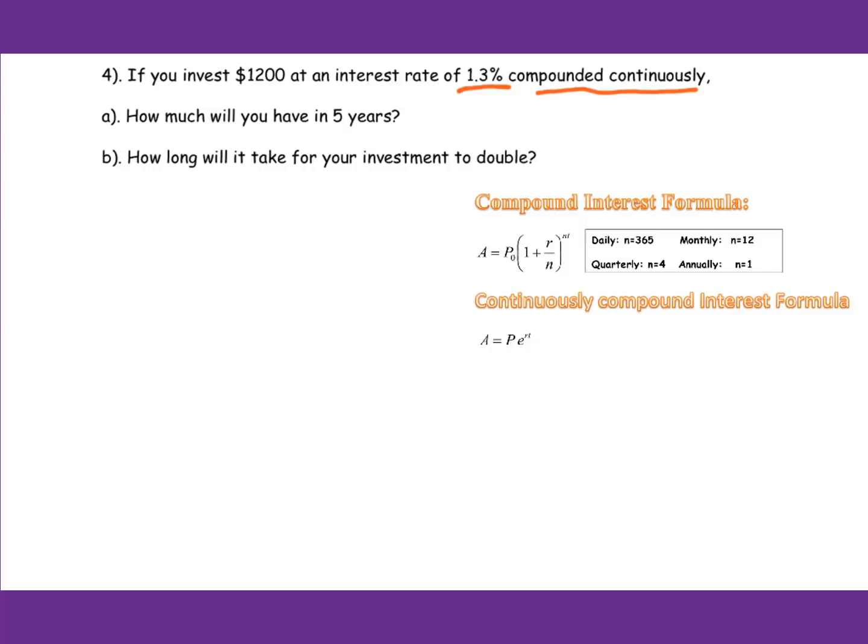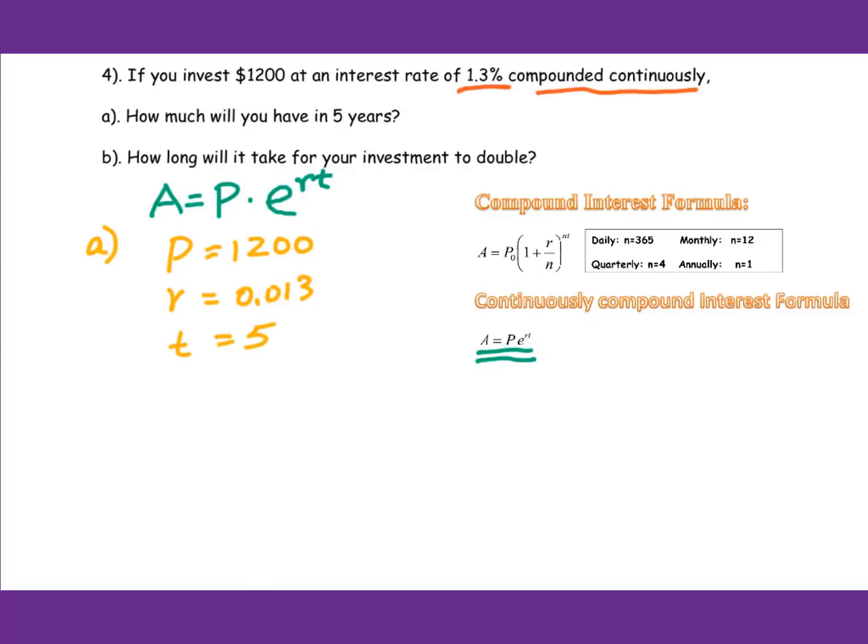First of all, the formula you have to use is A equals P times e to the RT's power. For part A, we already know P equals 1200, rate equals 0.013, T equals 5. I'm looking for A.